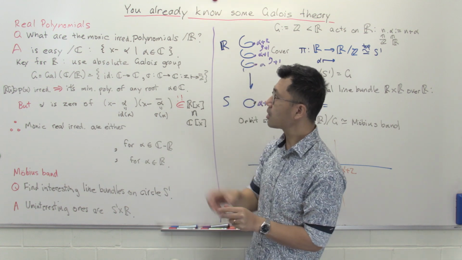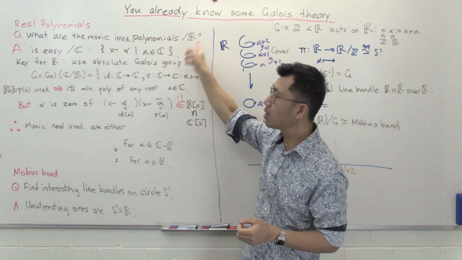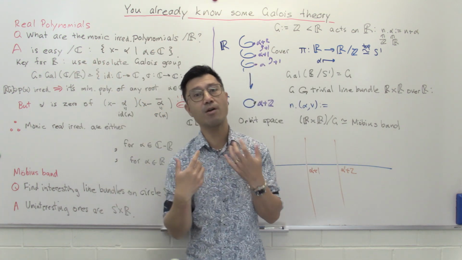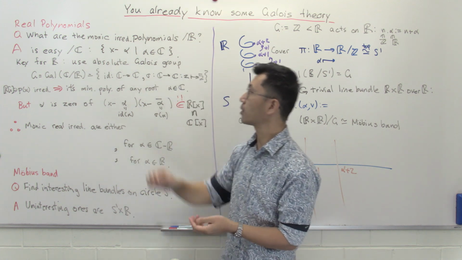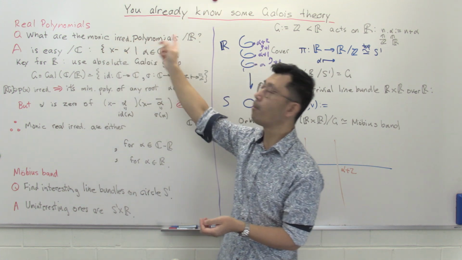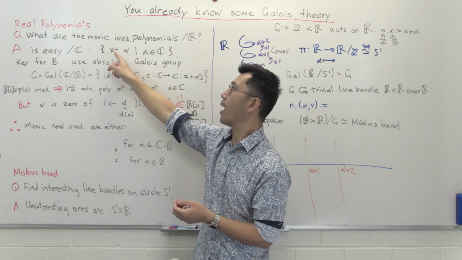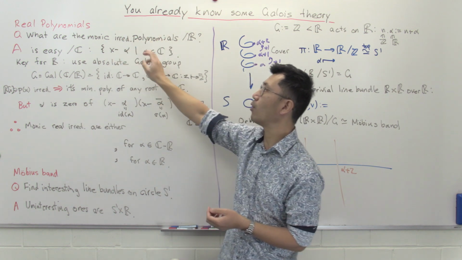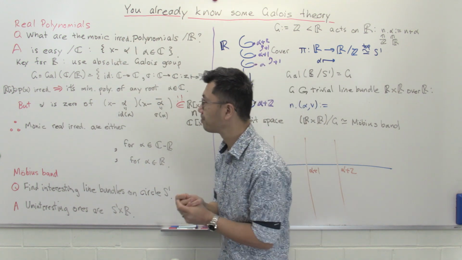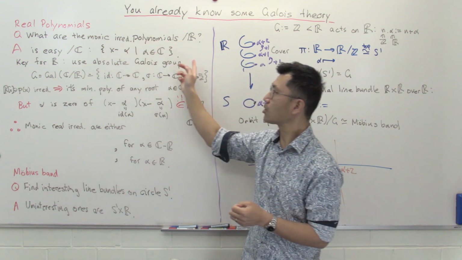The first thing to note is that if we were to change this question and look not over the reals but over the complexes, it's a very easy answer, because of the fundamental theorem of algebra. What are all the monic irreducible polynomials? They have to be linear, so they're going to be of the form x minus alpha, where alpha is any complex number. That's the answer over the complexes.